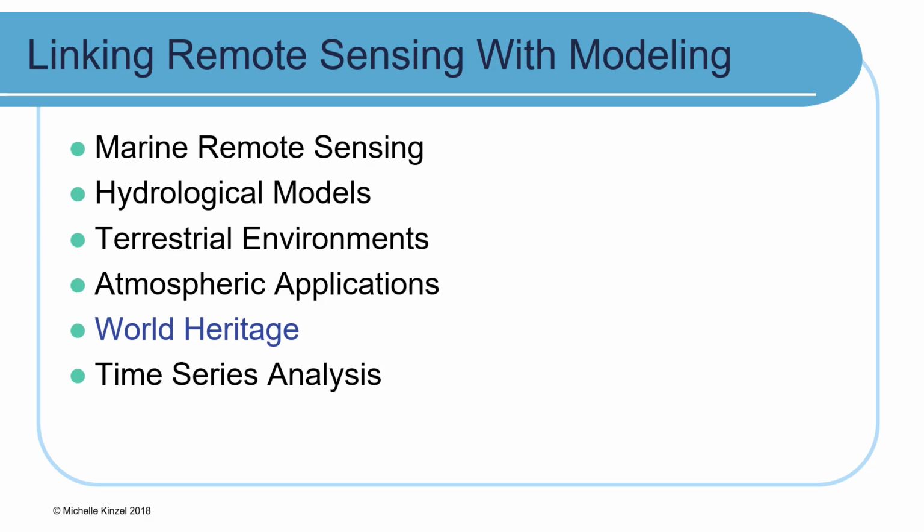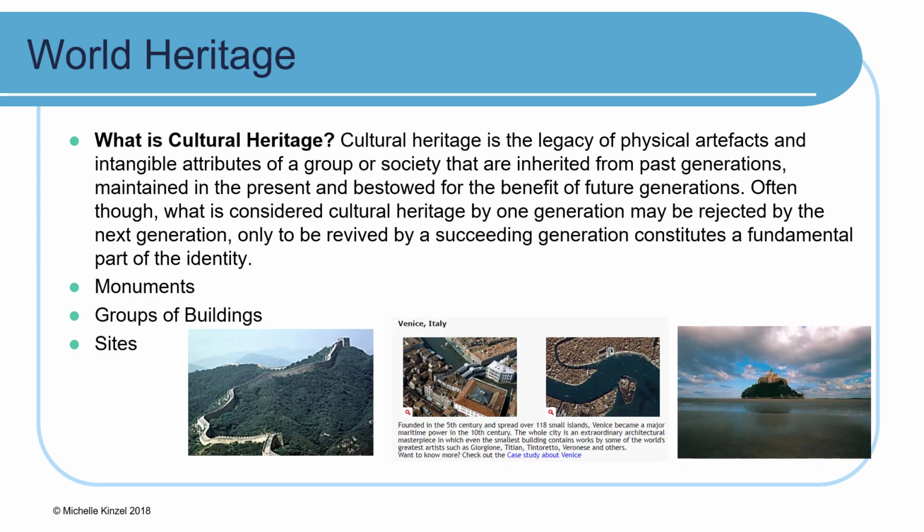And then World Heritage. So cultural heritage is a legacy of physical artifacts and intangible attributes of a group or society that are inherited from past generations. It's maintained in the present and bestowed for the benefit of future generations. But often what's considered cultural heritage by one generation may not be accepted by the next generation.